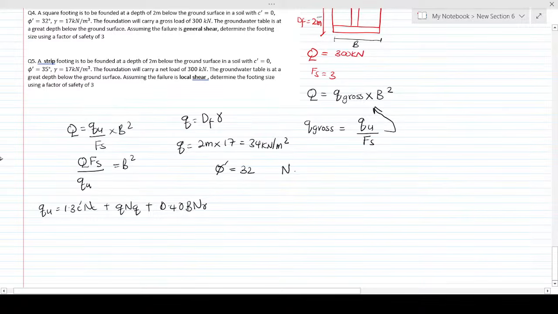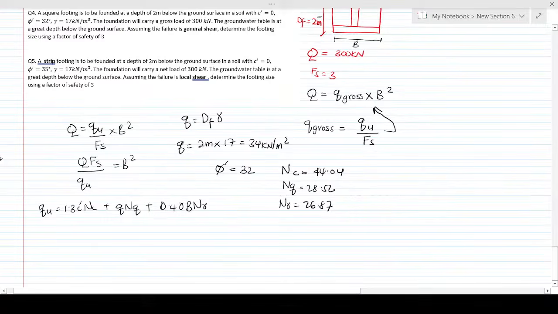When I pick it up from the table, my NC was 44.04, my NQ was 28.52, and my N gamma was 26.87, right? Now the question gives us a cohesion C prime of zero.